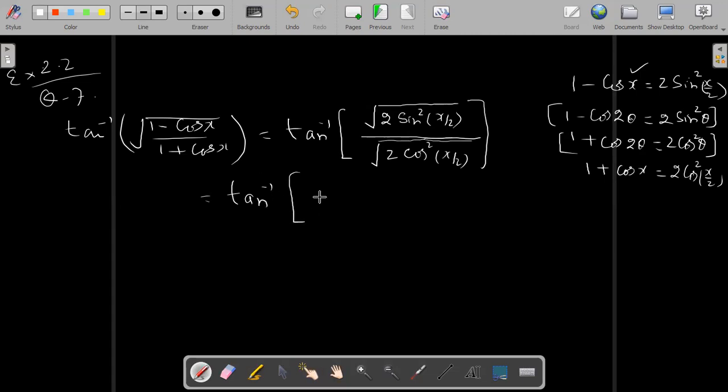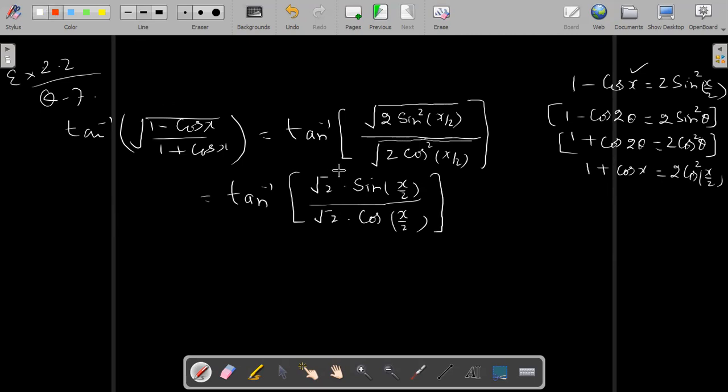So we get under root 2 into sine x by 2 divided by under root 2 cos x by 2.